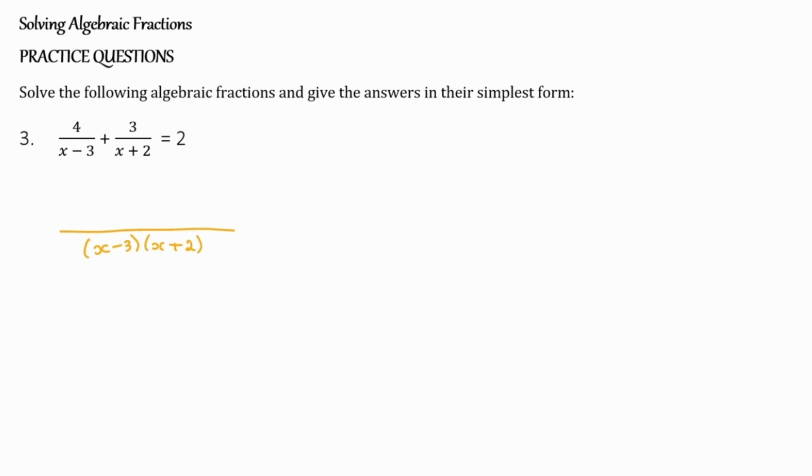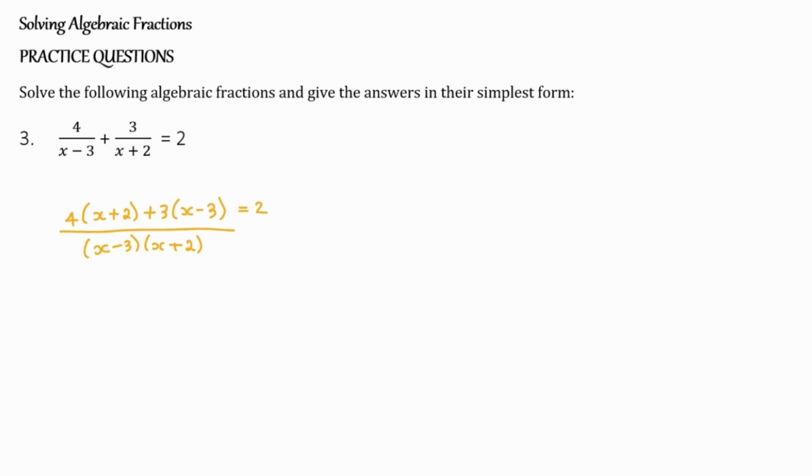To write the first numerator, we will multiply it with x plus 2. So we will have 4 times x plus 2. And we are adding the two fractions, so we will put a plus sign and then 3. And we are now going to multiply this with the first denominator, which is x minus 3. And this is all now equal to 2.